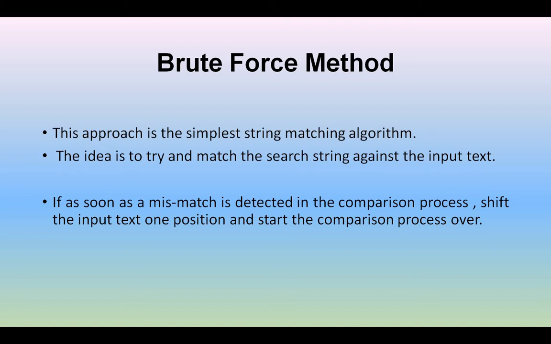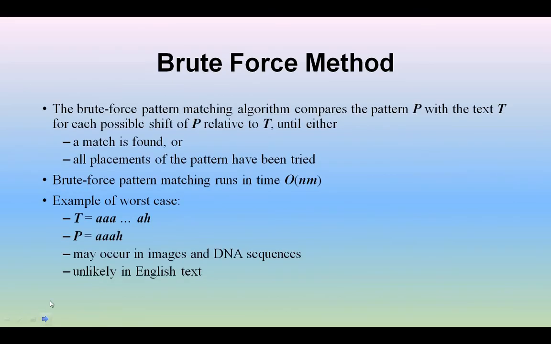When a mismatch occurs, we have to shift the input text by one position and start the comparison procedure over. We have to shift the mismatched text to the previous position and complete the comparison process. How it works, we are going to see with one single example. Let us see in this example.